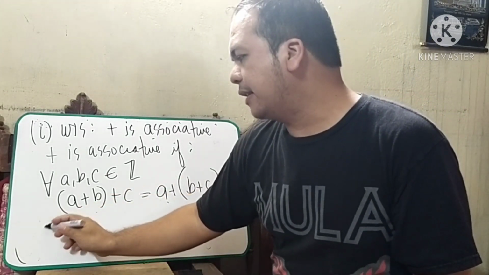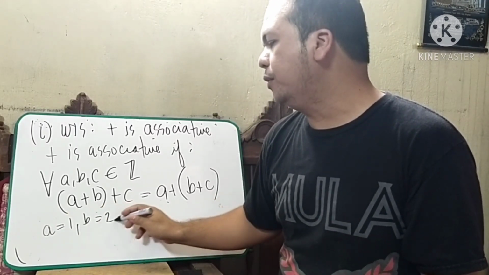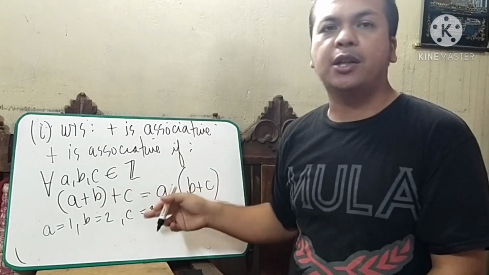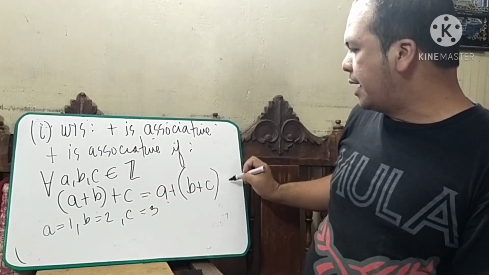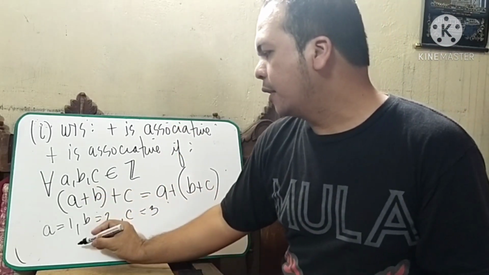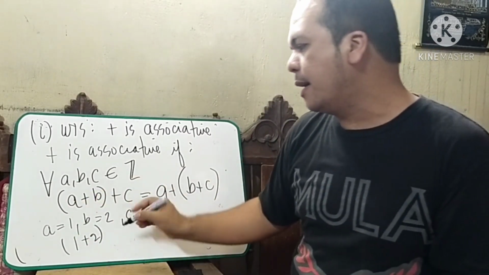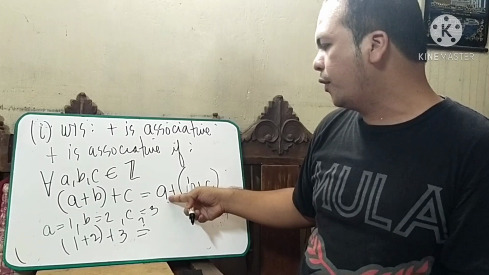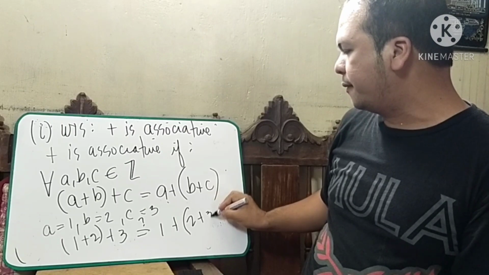Let's assume that A is equal to 1, B is equal to 2, and C is equal to 3. Now we have to plug in these values of A, B, and C in this equation. When plugging in, we have 1 plus 2, that's your A plus B, the quantity, plus 3, is that equal to A, which is 1, plus the quantity 2 plus 3.